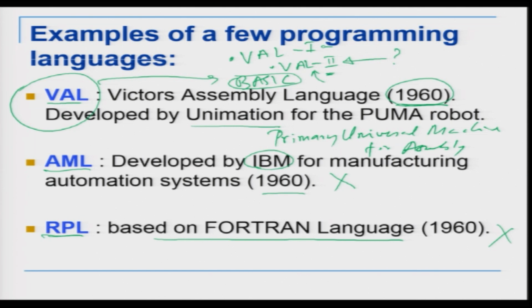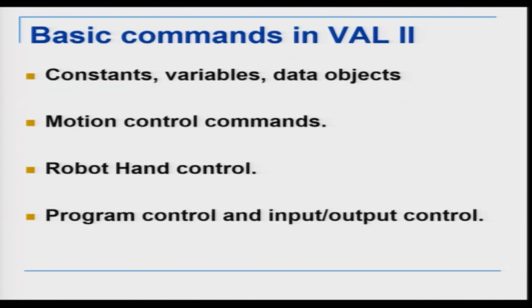So if you look at the structure of VAL language, then the basic structure of the VAL 2 language consists of these four parts: variables, constants and data objects; motion control commands; robot hand control commands; and program input output control commands. Now something to remember is that this is a BASIC-like language.